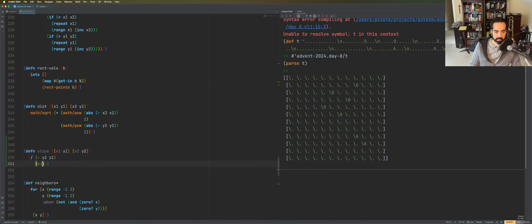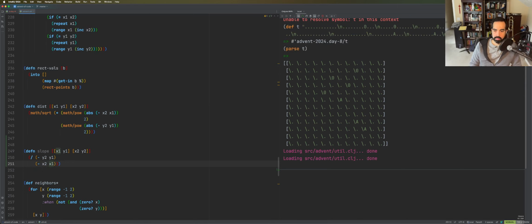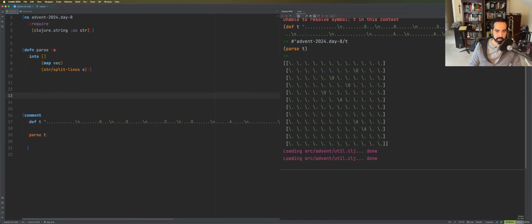And the run will be x2 less x1. I think. If memory serves, it's been like, I don't know, 30 years since I've used that equation. Yeah, let's just start doing something.